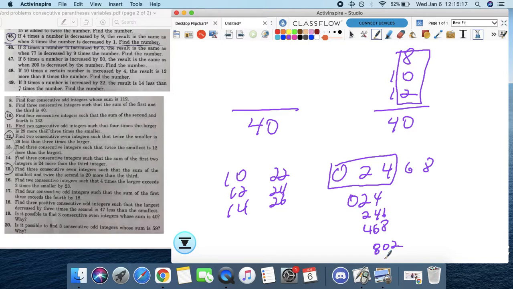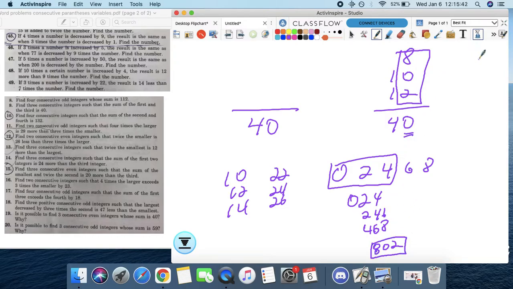Am I missing any other combinations? I think I'm not missing any. So the only combination that will give me a 0 here is 8, 0, 2.